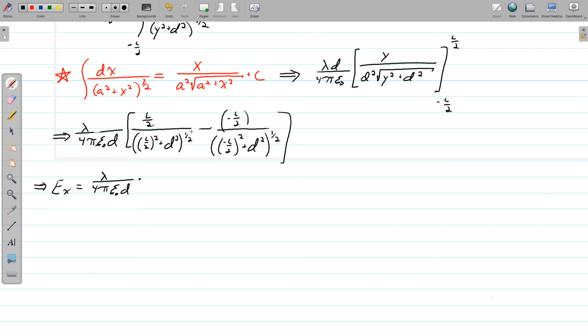We have 1/2 L minus negative 1/2 L. Well, two negatives make a positive, so it's 1/2 L plus 1/2 L. Half of an L plus another half of an L is just an L. And then on the bottom, as I explained before, a common denominator: L over 2 squared plus d squared, and that is all raised to the 1/2.